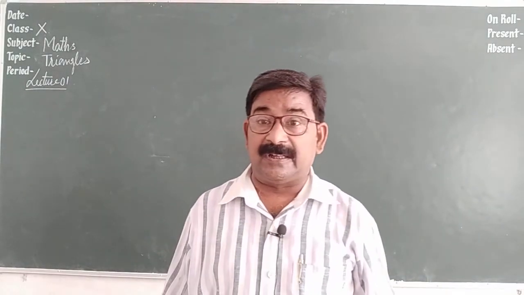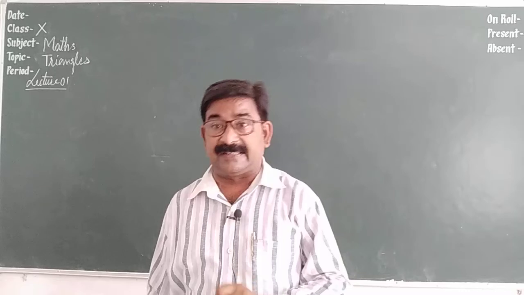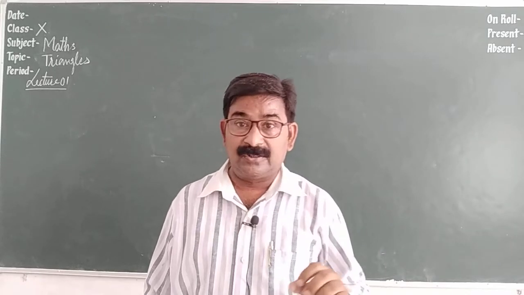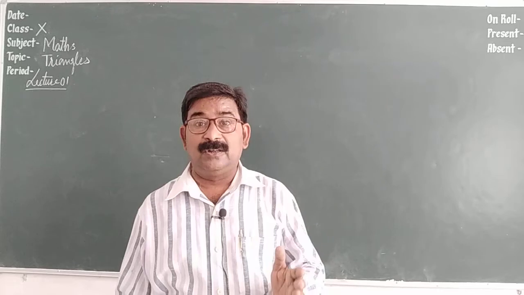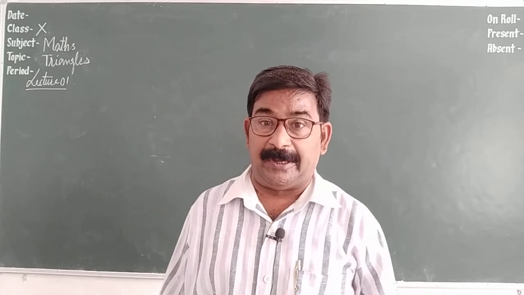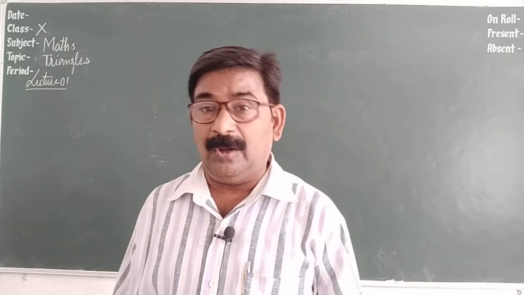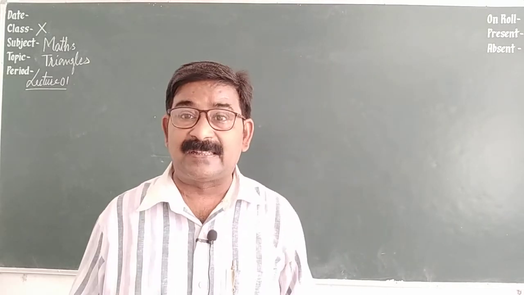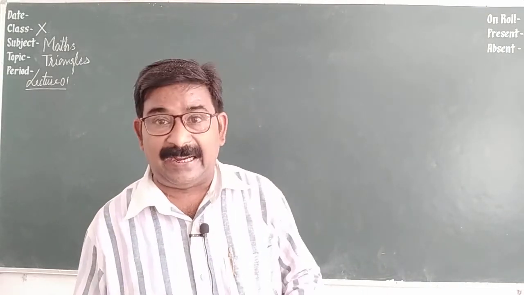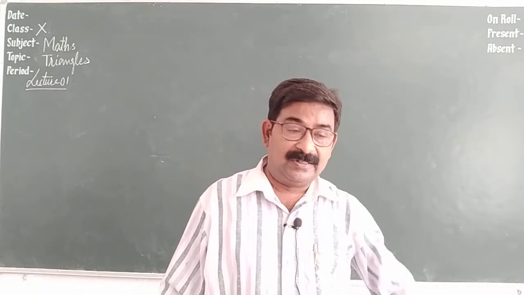The figures which are same in shape and size are said to be congruent, and the figures which are same in shape but may or may not be same in size are called similar.